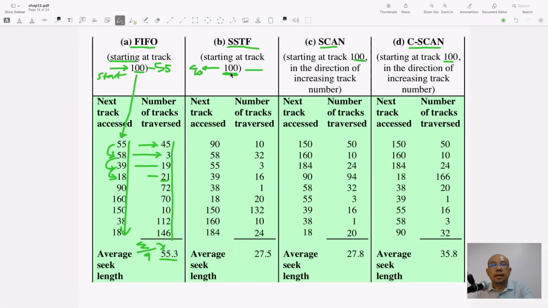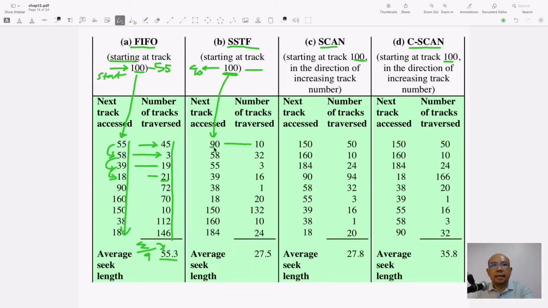So here the head will move from 100 to 90, and passes only 10 tracks.